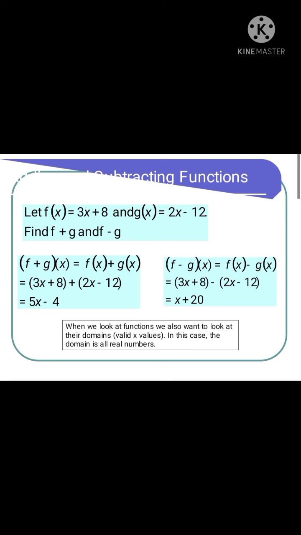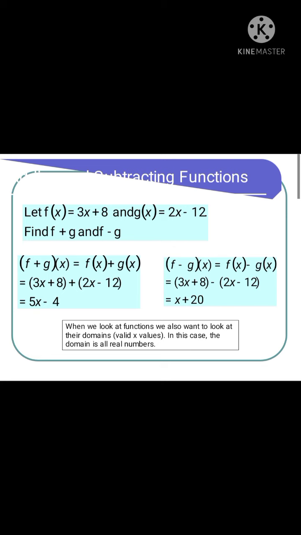F plus g of x is also equal to f of x plus g of x. The first thing we are going to do is to substitute the value of f of x and the value of g of x. So f plus g of x is equal to the quantity 3x plus 8 plus the quantity 2x minus 12.